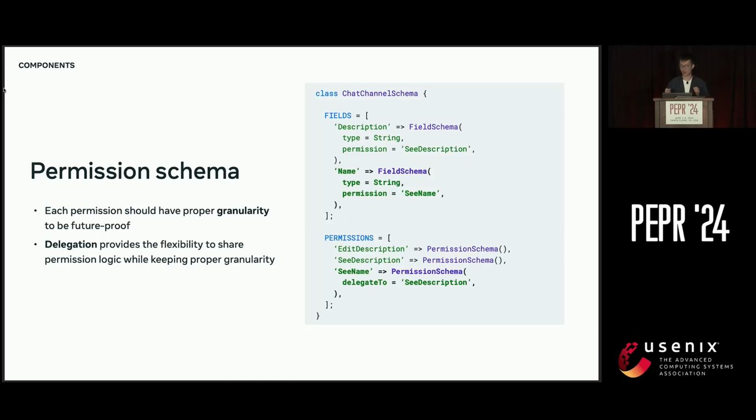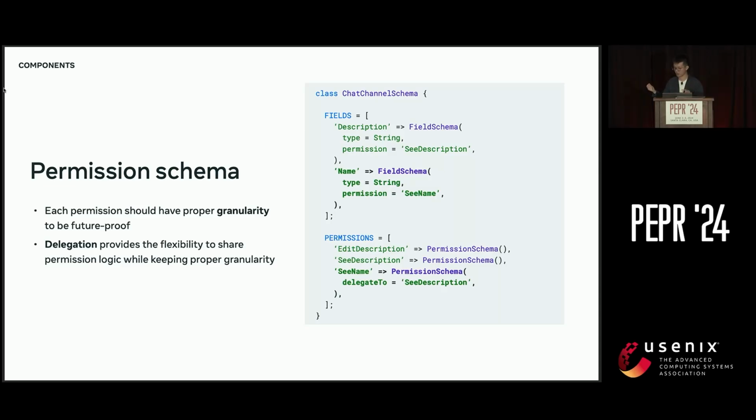We saw before there are multiple settings and multiple actions a user can do, and we don't want a permission to cover all of them. Instead, we define a permission for each action, but use other features like delegation or shared rules to share the logic and implement the permission without duplication.